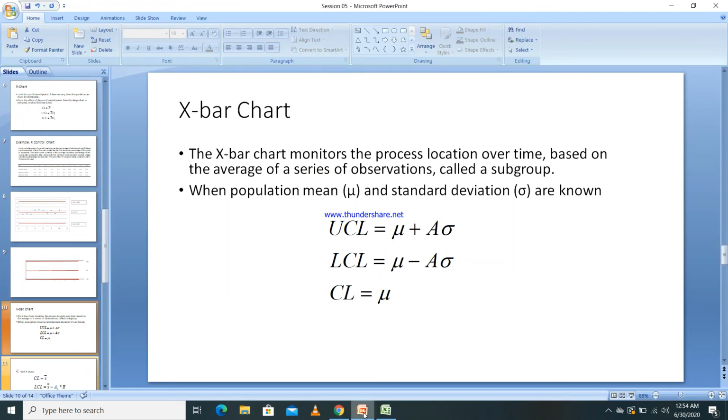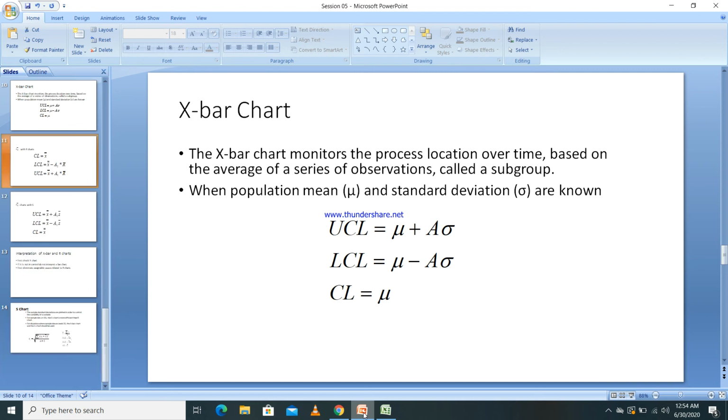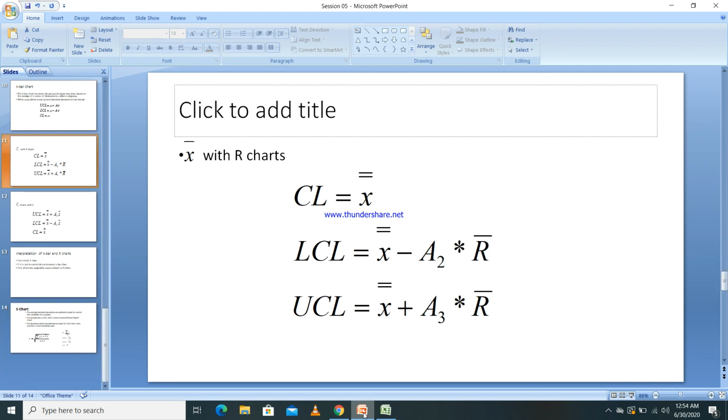But here, if you construct the X bar chart using these formulas, you should know the population mean and the population standard deviation in order to substitute for mu and sigma, right? So in this case, according to this particular question, we have no idea about the population mean and the population standard deviation, but we know the range value.